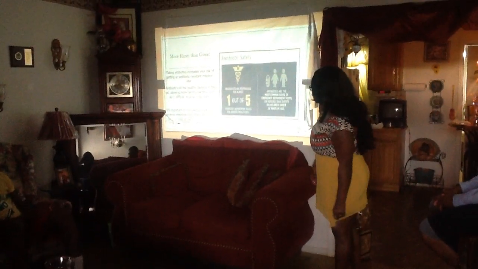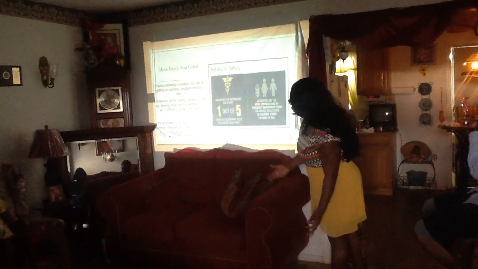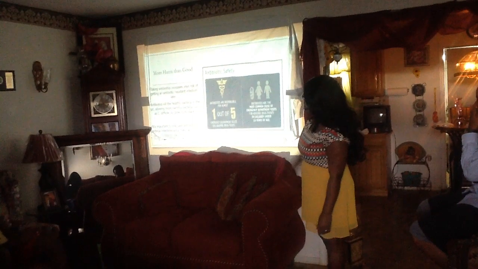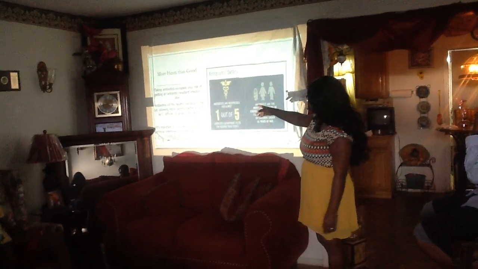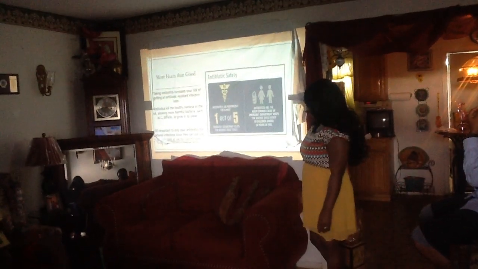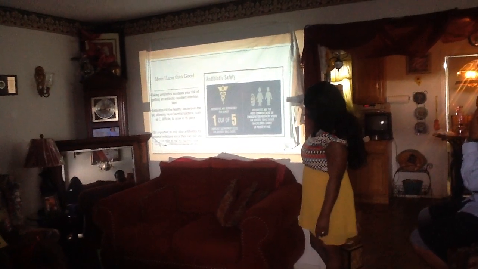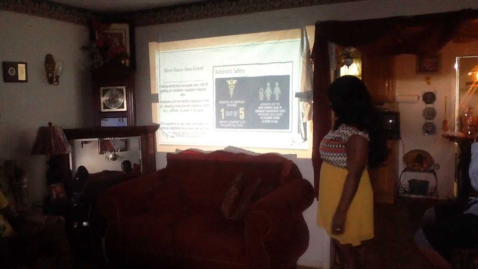It's important to only take antibiotics for bacterial infections, since they can put you or a child at risk for harmful side effects. And this is the antibiotic safety. It says antibiotics are responsible for at least 1 out of 5 emergency department visits for adverse drug reactions. Antibiotics are the most common cause of emergency department visits.